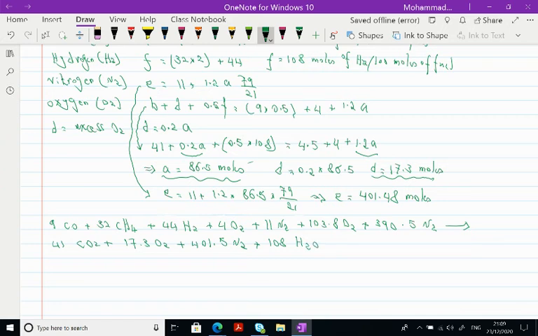Now part A of the question is asking about the stoichiometric air, which from our combustion equation is equal to A times O2 plus A times 79 by 21 N2.